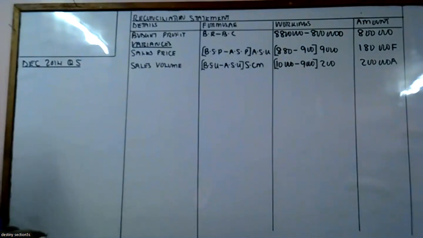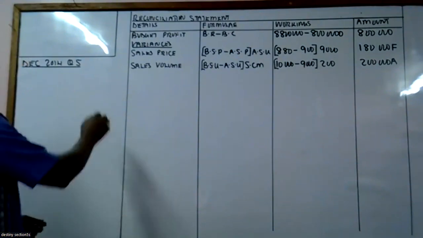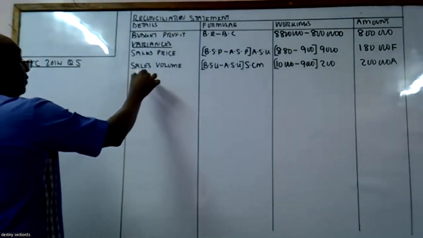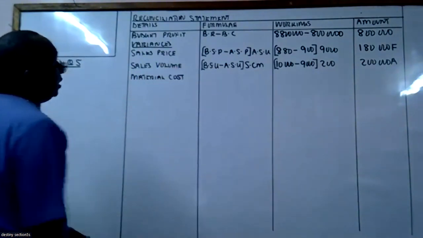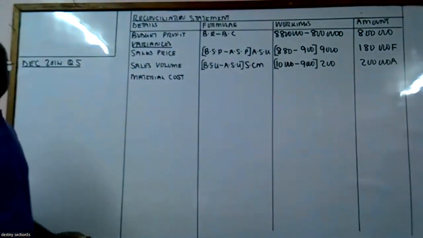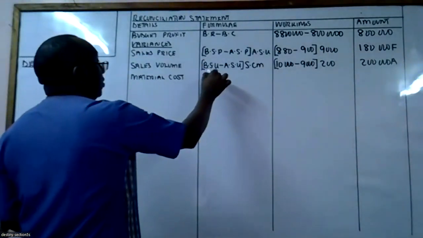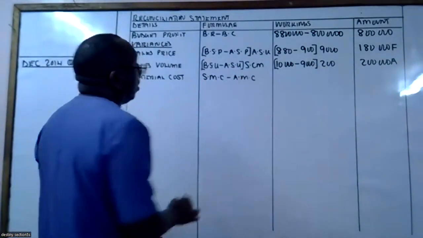The next thing now that we bring is material cost variance. And that is the total material cost. So this one, we said, is given as standard material costs minus actual material costs.